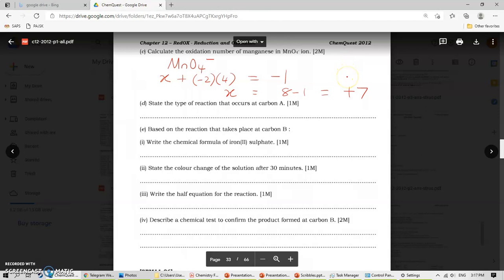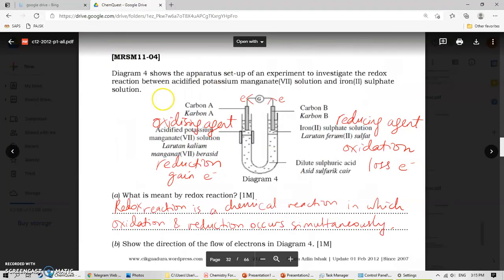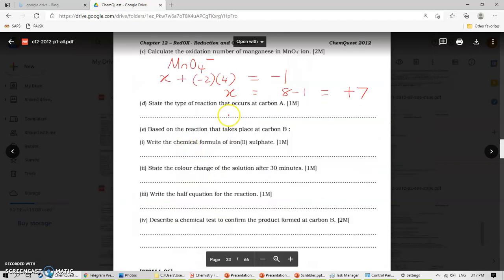State the type of reaction that occurs at carbon A. So if we look back at the question, carbon A, what happens there? The reaction is a reduction reaction. So reduction is the answer. Based on the reaction that takes place at carbon B, write the chemical formula of iron 2 sulfate.